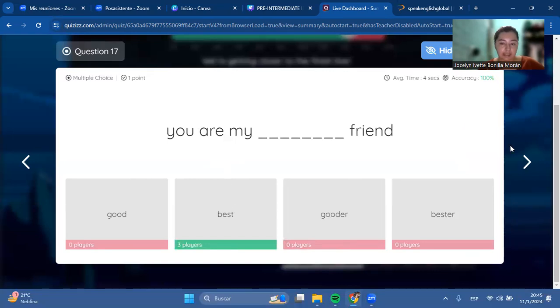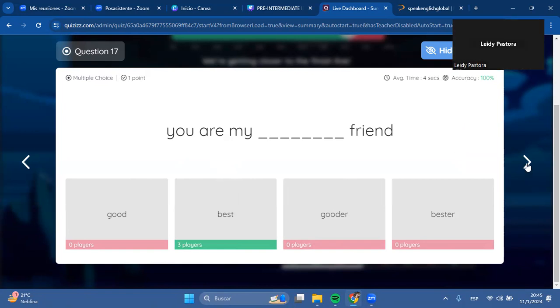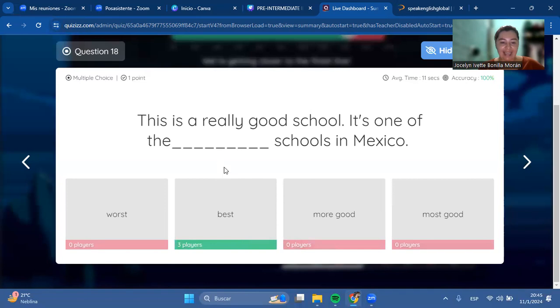You are my best friend. It is easy, right? Yes. It's a common one. Okay. This is a really good school. It's one of the best schools in Mexico.